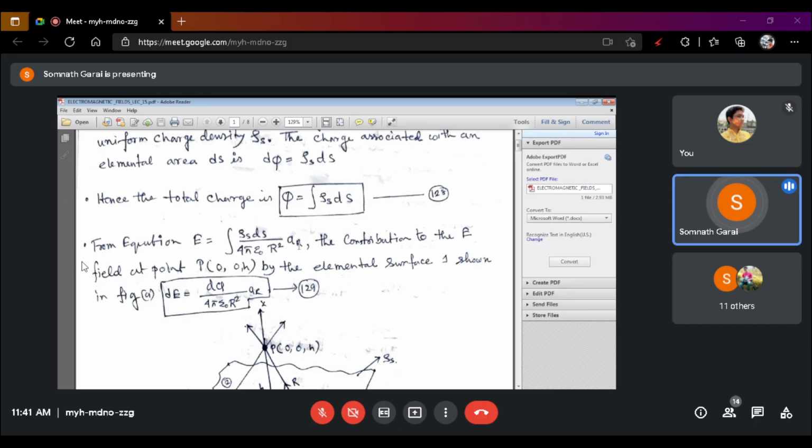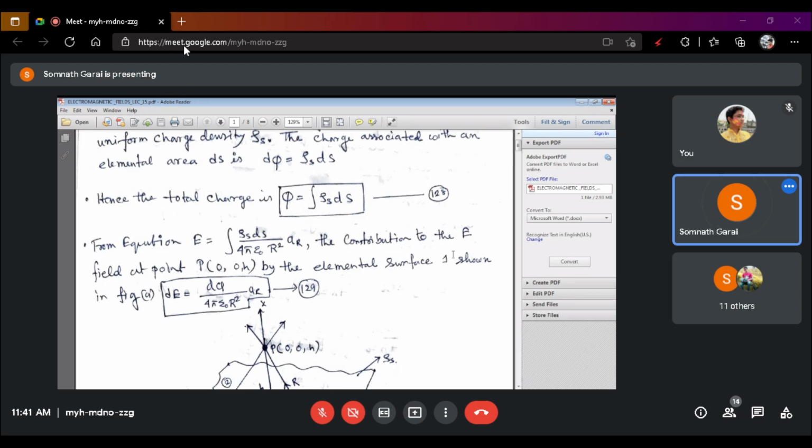It is already familiar with us. Okay. So the electric field intensity with respect to a surface, it is given by capital E is equals to integration of rho s ds by 4 pi epsilon naught r square into ar.